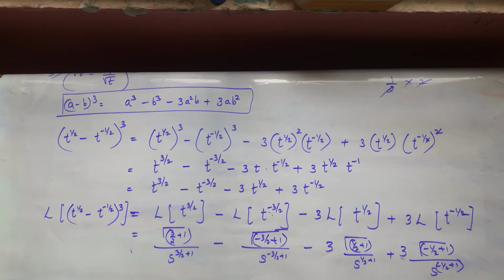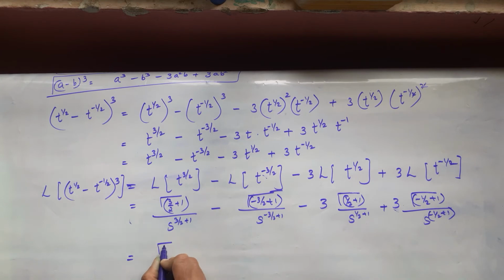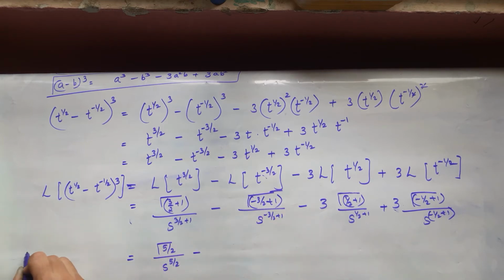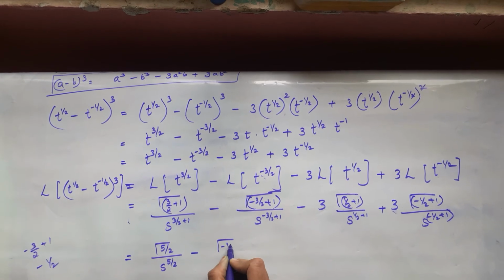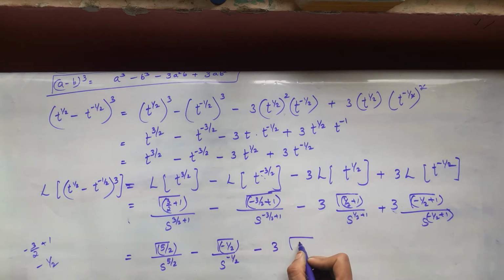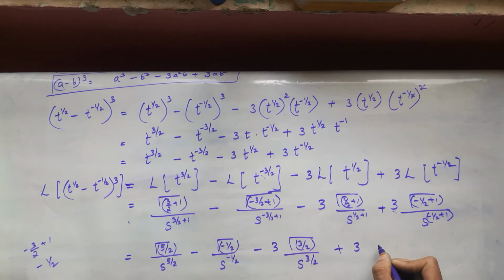Now this is equal to, what is 3 by 2 plus 1? It's nothing but 5 by 2. So it's gamma of 5 by 2 divided by s to the power 5 by 2, minus, minus 3 by 2 plus 1 is nothing but minus half, so gamma of minus half, s to the power minus half, minus 3 times gamma of half plus 1, which is gamma of 3 by 2, over s to the power 3 by 2, plus 3 times gamma of minus half plus 1, which is gamma of half, divided by s to the power half.